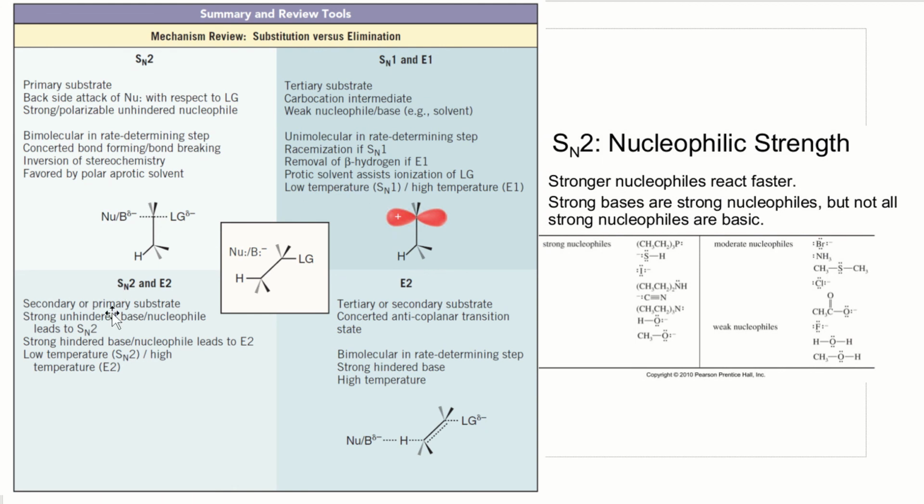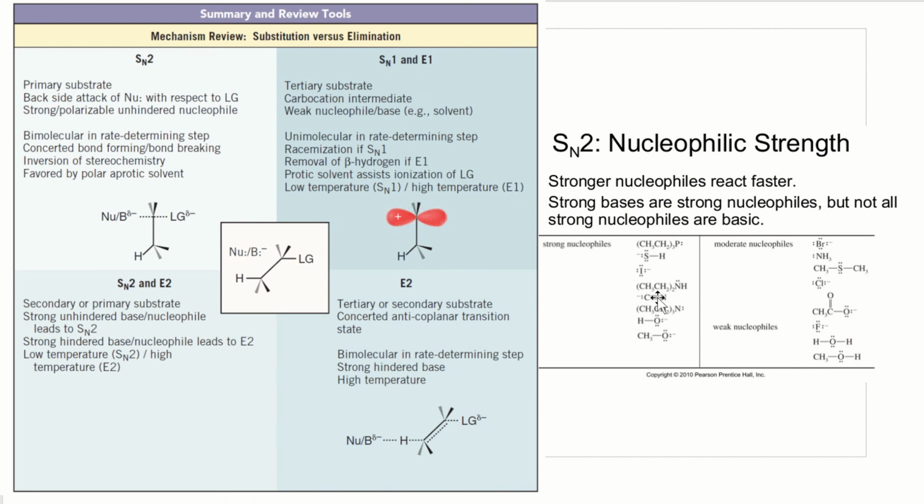And then the secondary or primary substrate could also be SN2. So again, for SN2 nucleophilic strength, the stronger nucleophiles react faster. Strong bases are strong nucleophiles, but not all strong nucleophiles are bases.